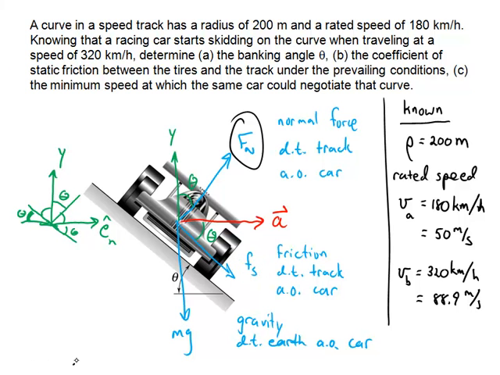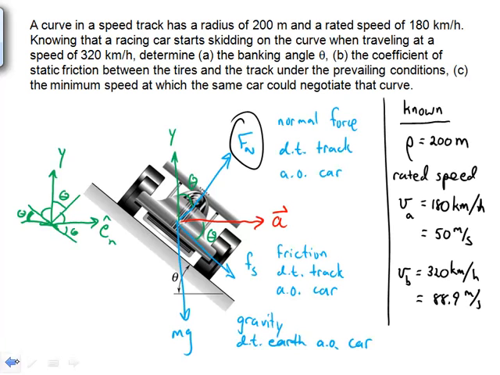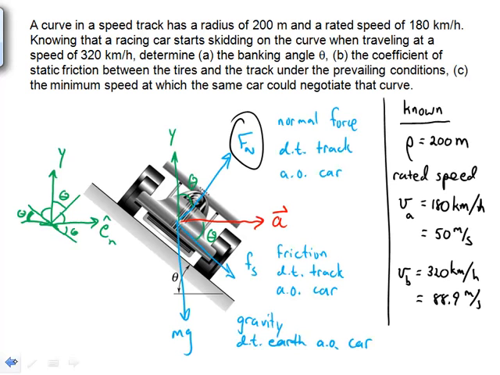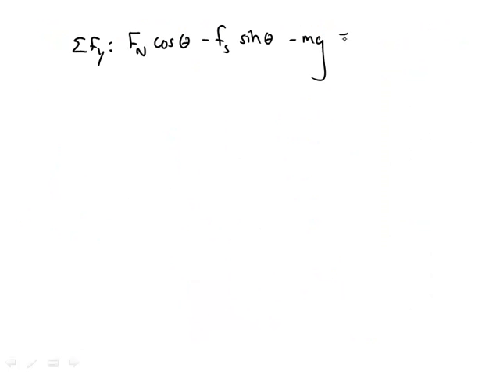And so what I'm going to get is the sum of the forces in the y: F normal times the cosine of theta minus F static times the sine of theta. And of course, mg is also in the negative y direction, so minus mg. Going back to the diagram, the acceleration is strictly in the normal direction. There's no acceleration in the vertical or y direction, and so this must equal 0.